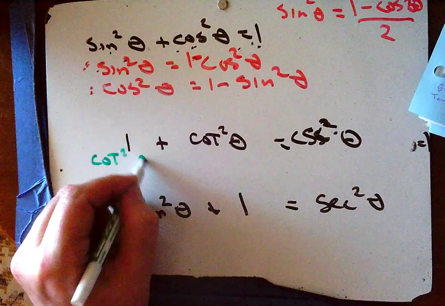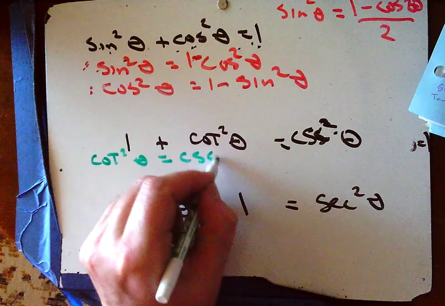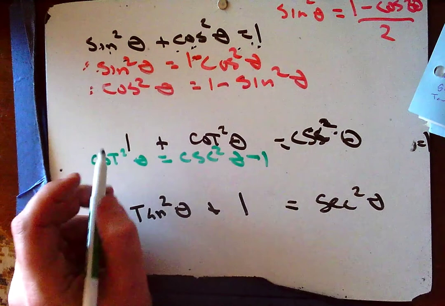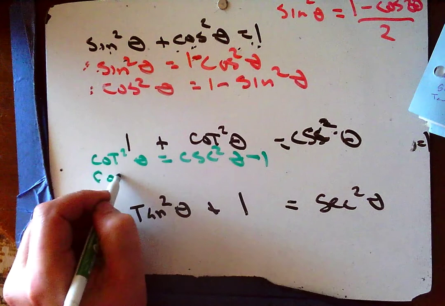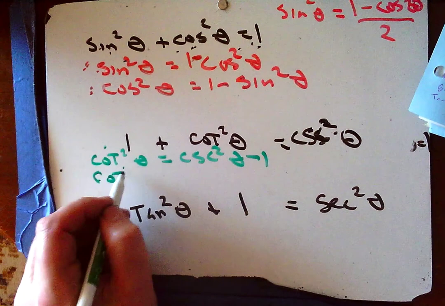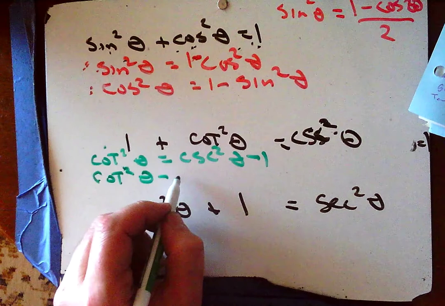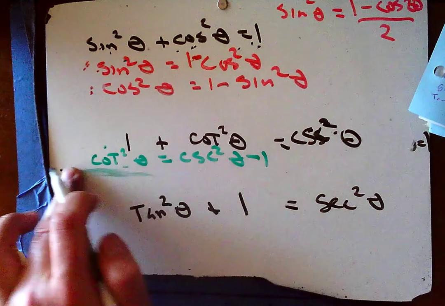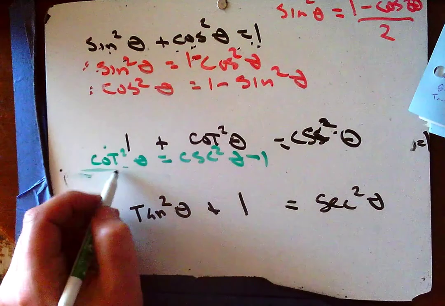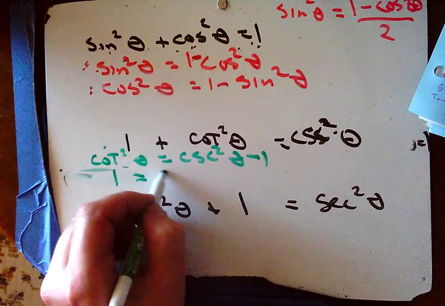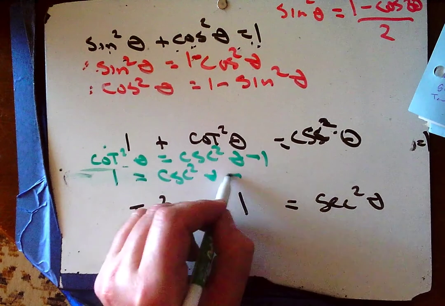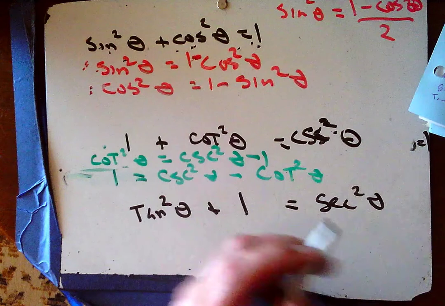I know that cotangent squared would be cosecant squared theta minus 1, or that cotangent squared minus, no, sorry, I'm moving the cotangent over there. That 1 equals cosecant squared theta minus cotangent squared theta.